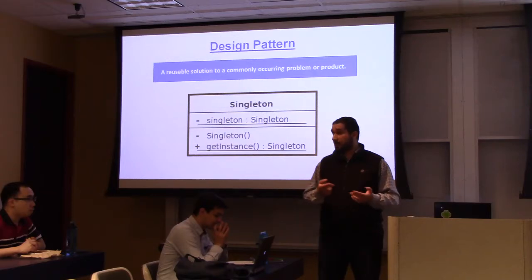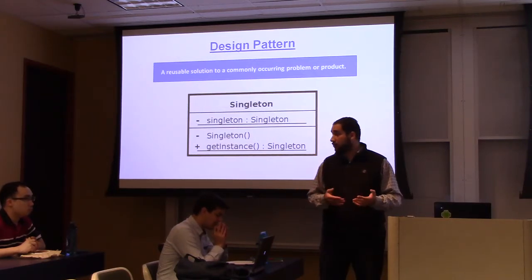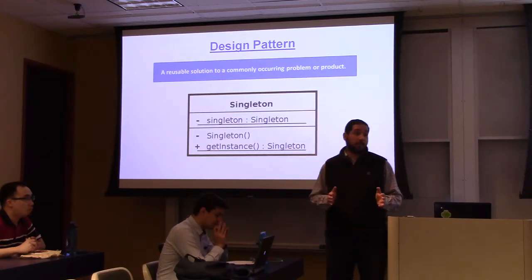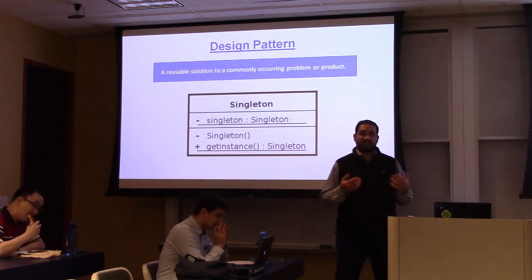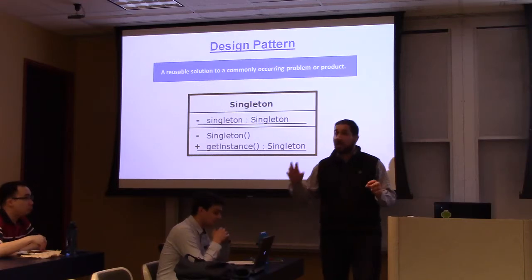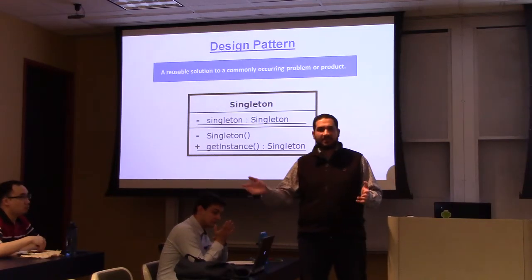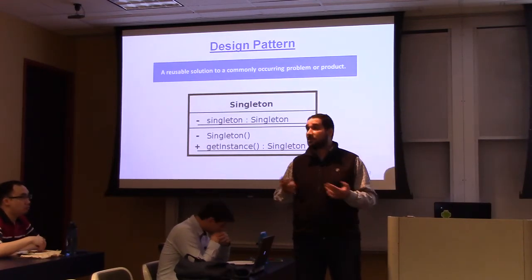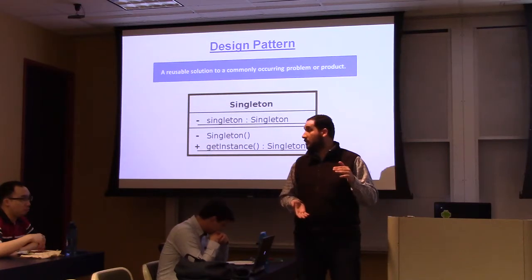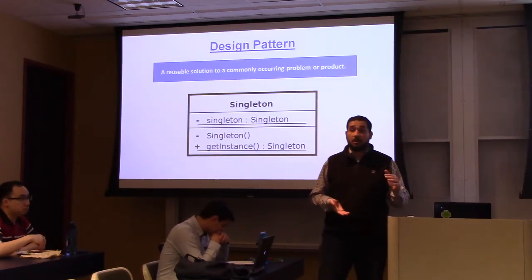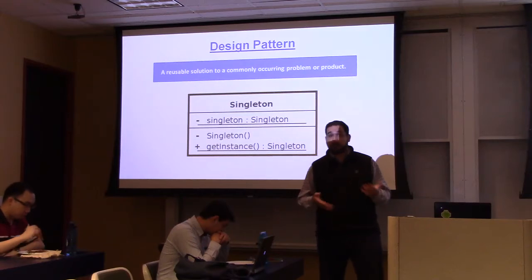You don't want two or more different instances of the date class, to prevent any kind of inconsistency. The same if you're doing a database connection and you're working with the database to insert data, select data. You don't want multiple connections within the same runtime session, to prevent inconsistencies.